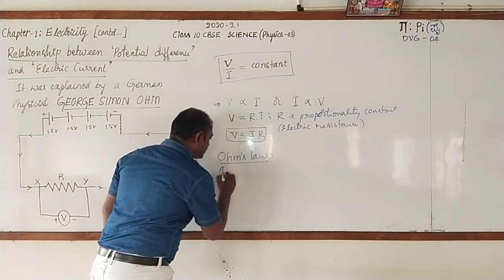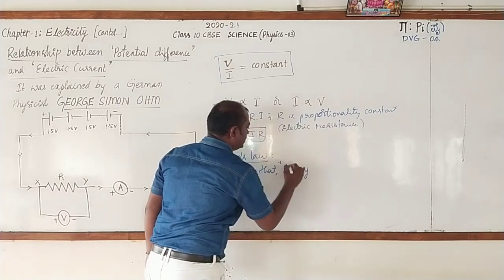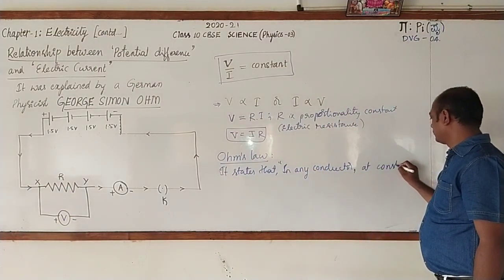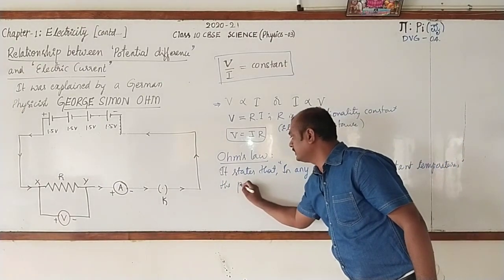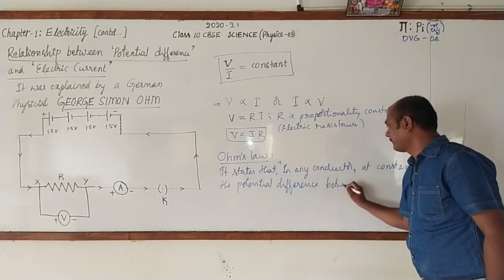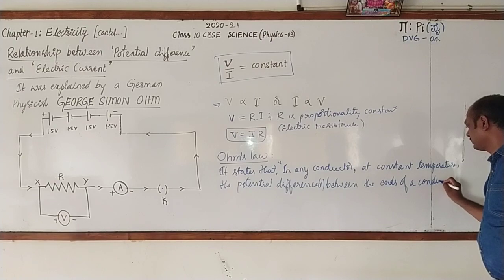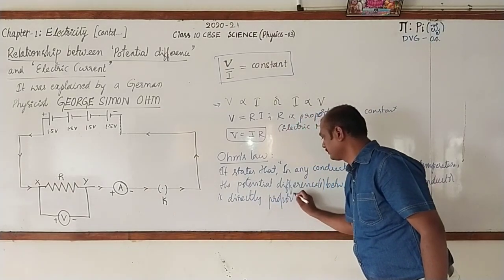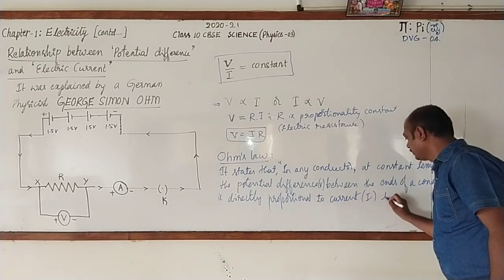Please copy. So Ohm's law states that in any conductor at constant temperature, the potential difference between the ends of a conductor is directly proportional to the electric current flowing through it.